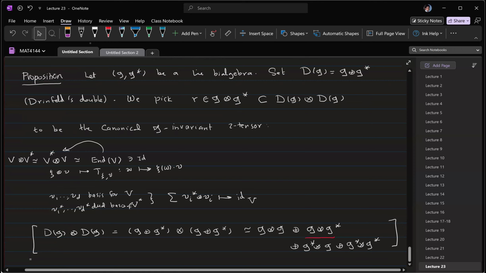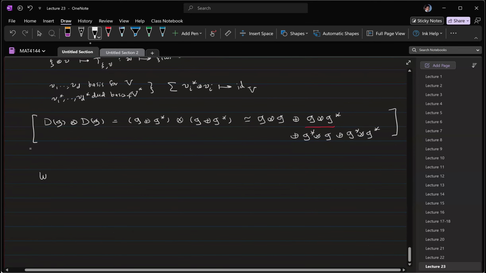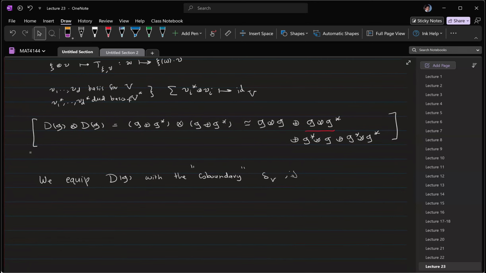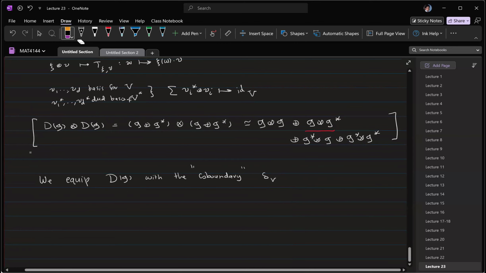I just considered the coboundary delta R. So we equip DG with the coboundary delta R, which means delta R of x is just x acting on R.